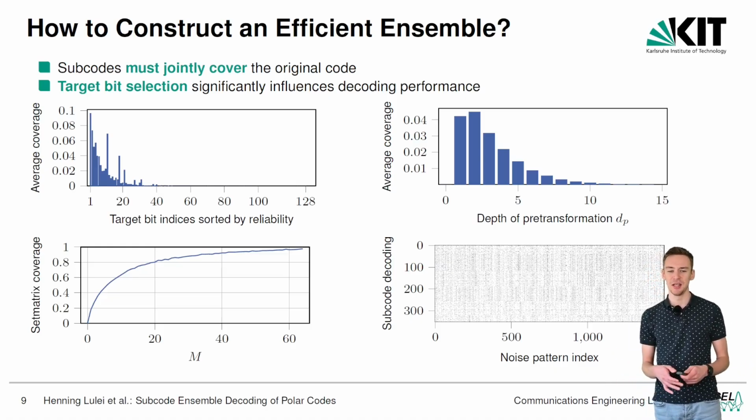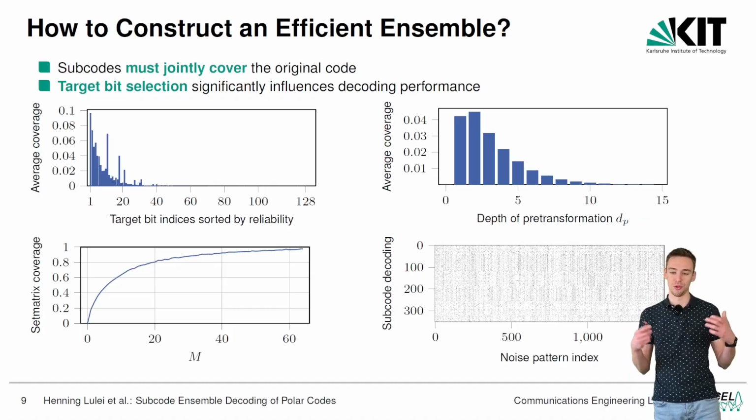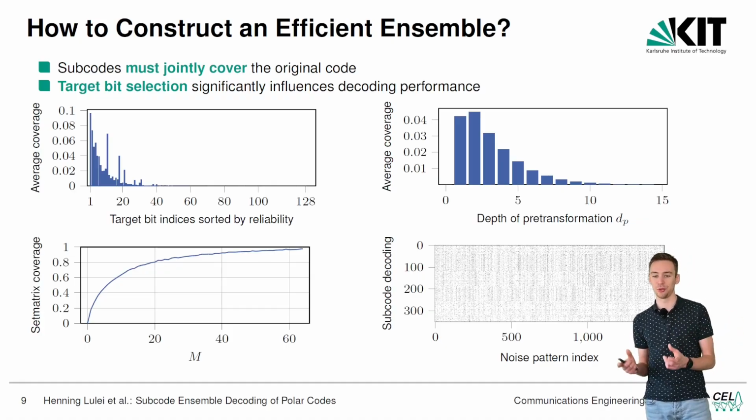On the y-axis we have something called average coverage. It's where we tracked how many new codewords or received patterns a subcode could decode, which an original, non-modified polar code could not decode. And we see that if we use pre-transformations with less reliable target bits, they actually perform much better than pre-transformations with reliable target bits.